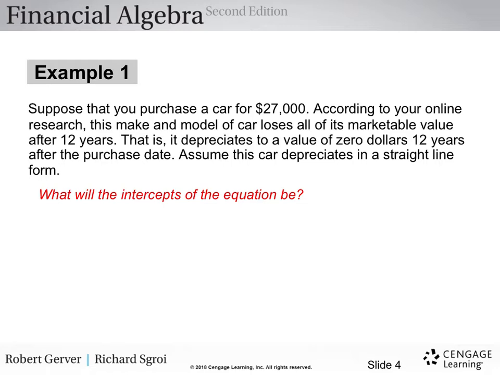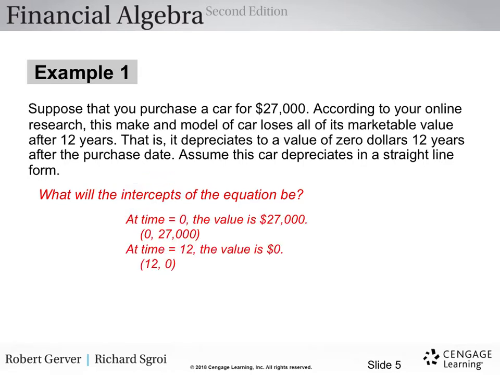So the first question is, what will the intercepts of the equation be? And remember, intercepts are where it crosses the x-axis and where it crosses the y-axis. Now, we know at time 0 the value of the car is $27,000. So when time is 0, value is 27,000.